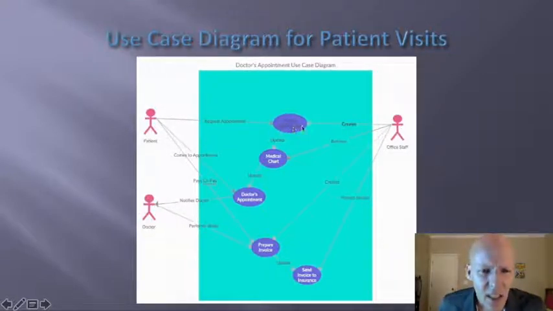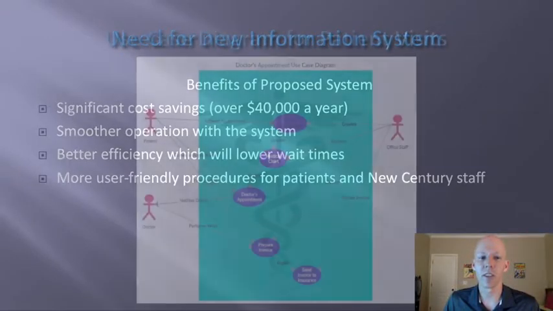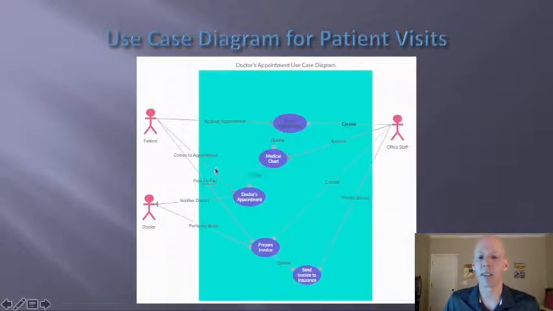Then they would retrieve the medical chart and go through with setting up a doctor's appointment, which the patient would be coming to. This helps us better track and get an idea of how you operate each day, so that when we are designing the system, we can have everything, like we said before, run a little bit smoother. It's better operations and better efficiency, because we'll know what each person does and how it operates.